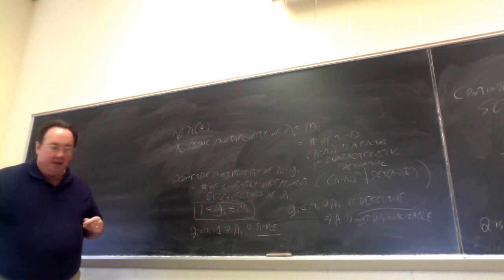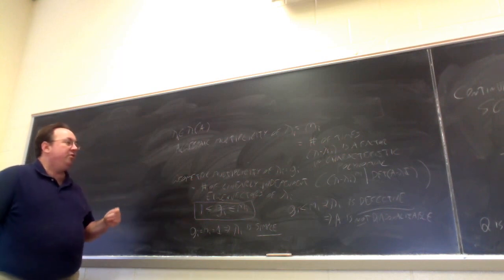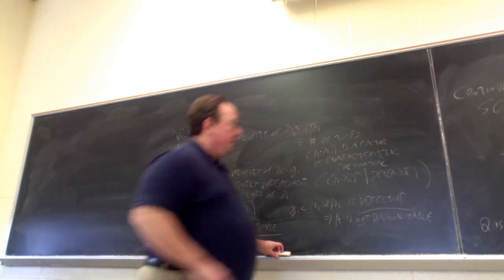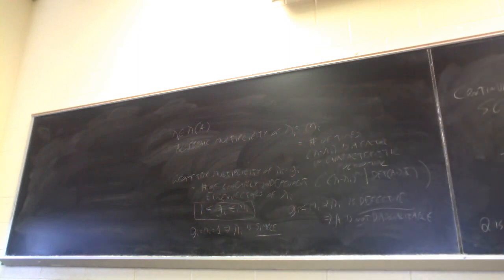Now, if you're able to figure out all the eigenvalues of your matrix and also figure out their algebraic and geometric multiplicities, this leads to a very interesting decomposition that every matrix has. Very different in character from the Schur decomposition.